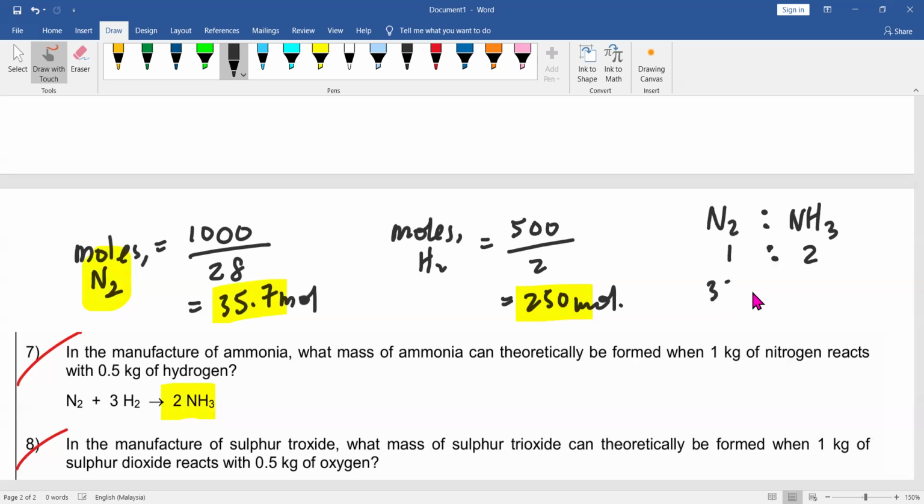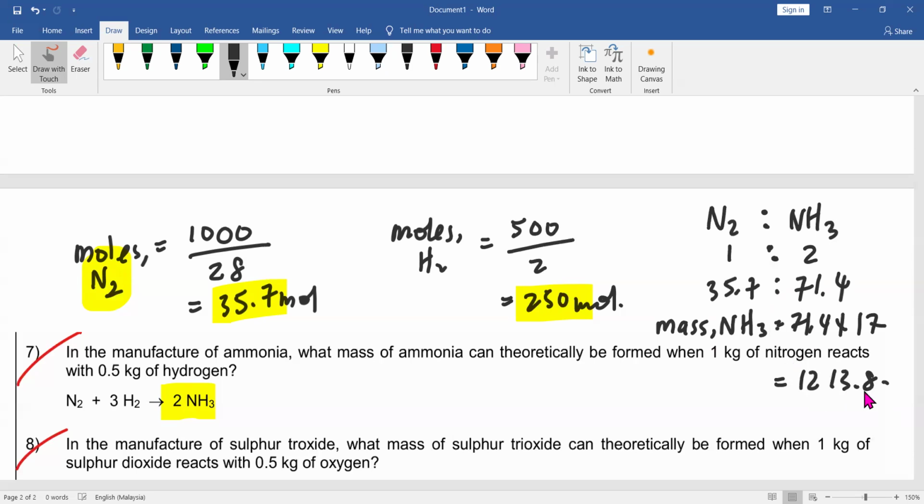So 35.7 to 71.4. So the mass of ammonia is 1213.8 grams. Did you get this? Yeah.